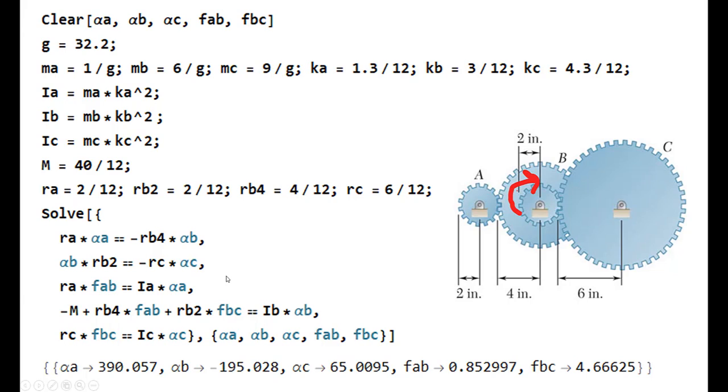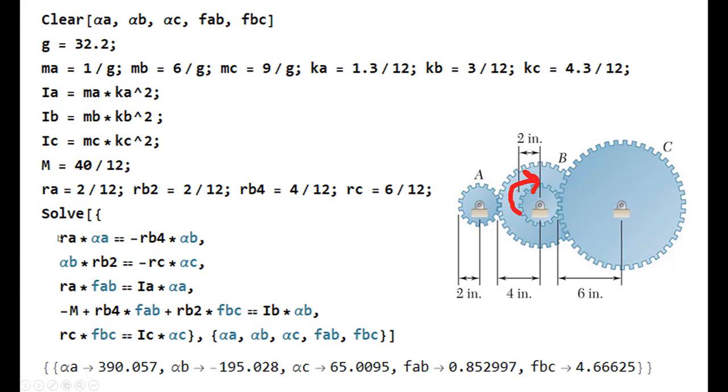If you don't have Mathematica, you can crank through this by hand. I will let you use any kind of math software you want: Maple, Octave, MATLAB, whatever you want, or just solve it by hand. But these are the 5 equations. We have 2 equations here for kinematics relating the tangential accelerations.